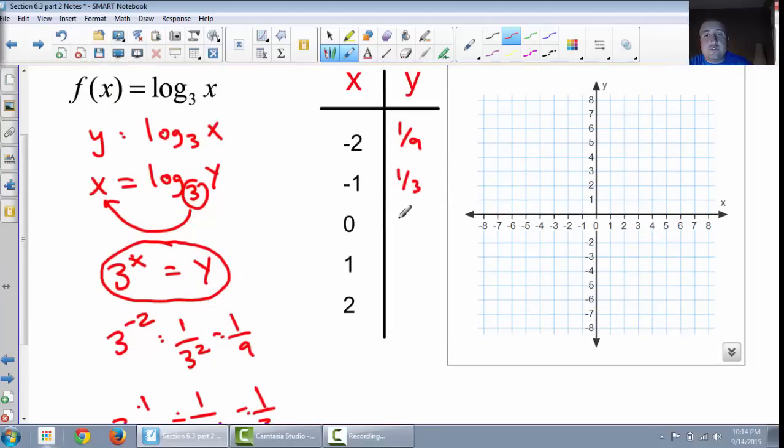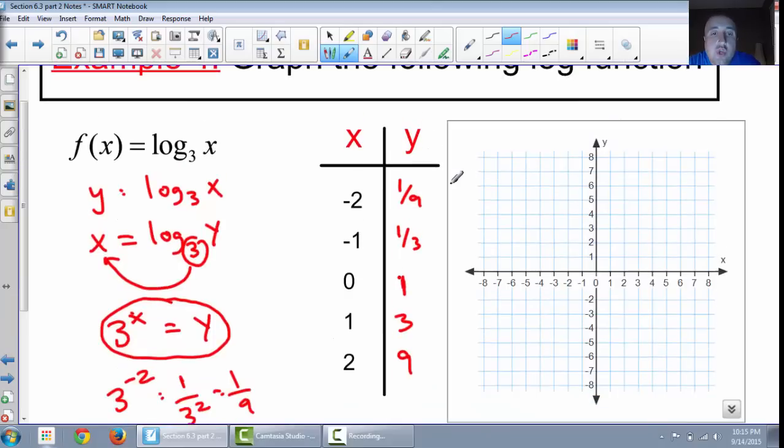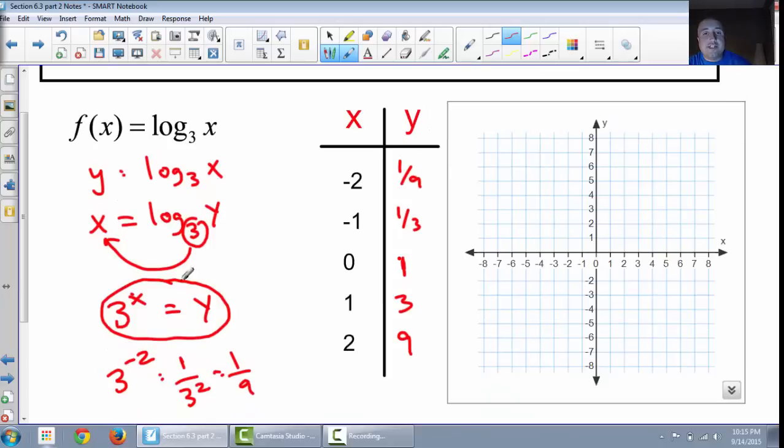Anything raised to 0 is equal to 1. That's pretty standard. Now we're going to do 1. What's 3 to the first power? 3 to the first is just 3. And then what's 3 squared? 3 squared is 9.